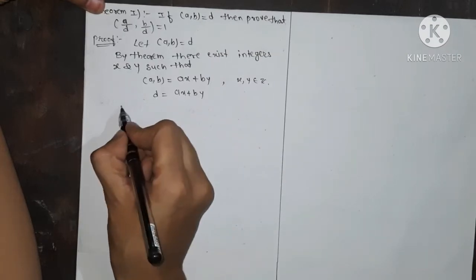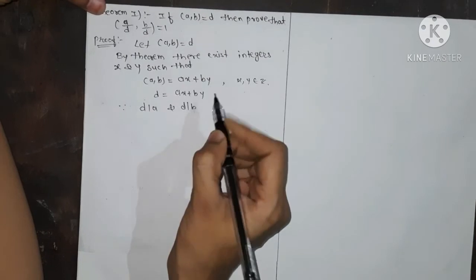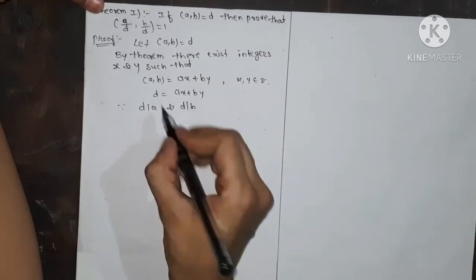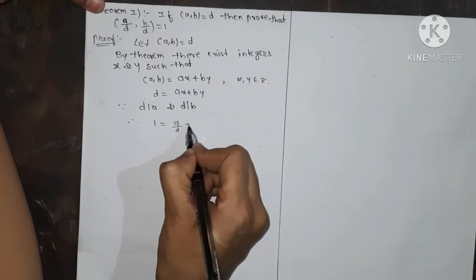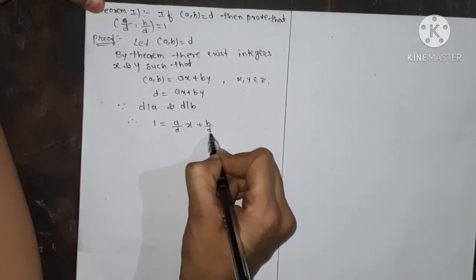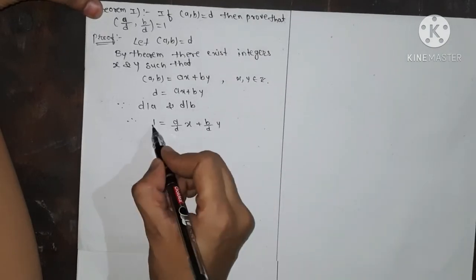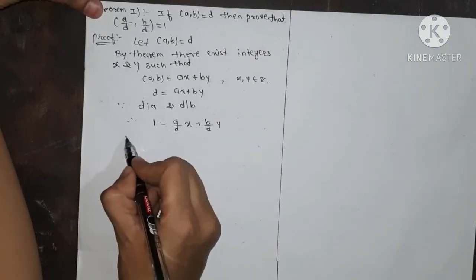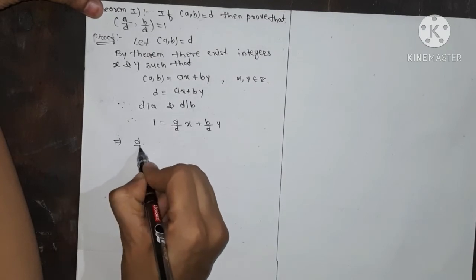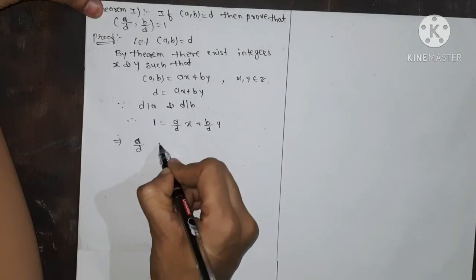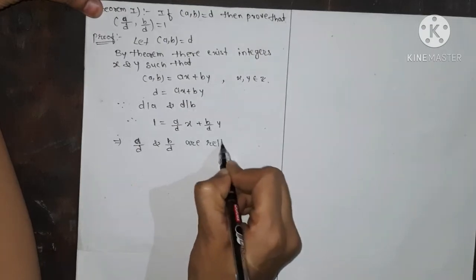Now since d divides a and d divides b, therefore we can write 1 equals a upon d into x plus b upon d into y. And by the definition of relatively prime numbers, this implies a upon d and b upon d are relatively prime.